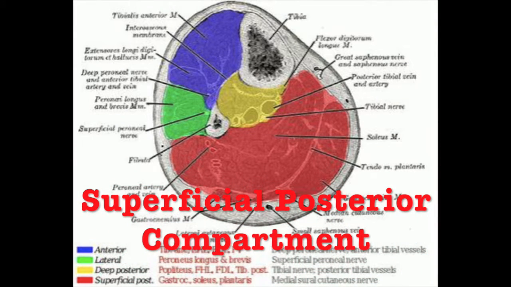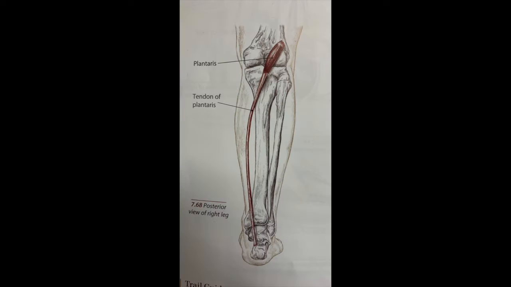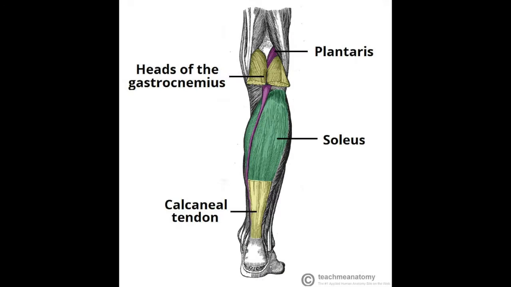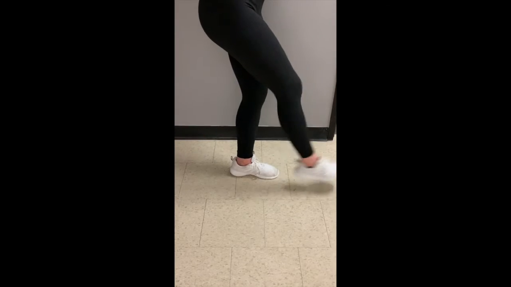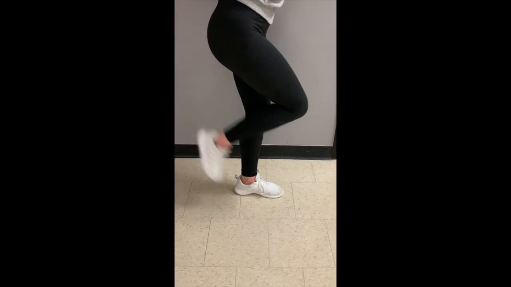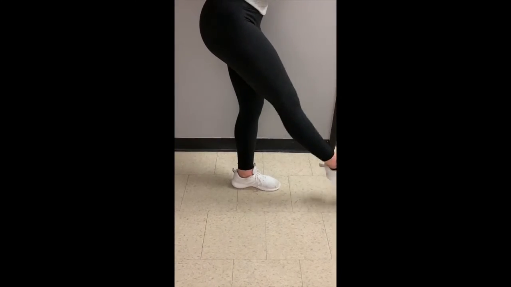First, the superficial posterior compartment has 3 muscles: the gastrocnemius, soleus, and plantaris muscles. Altogether, these muscles form the triceps surae. When the knee is extended, the gastrocnemius is involved in plantar flexion of the ankle. It is also involved in flexing the leg at the knee joint.